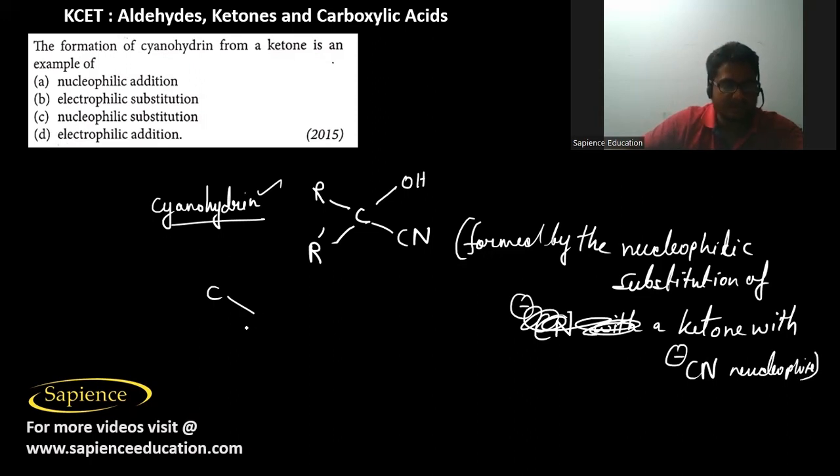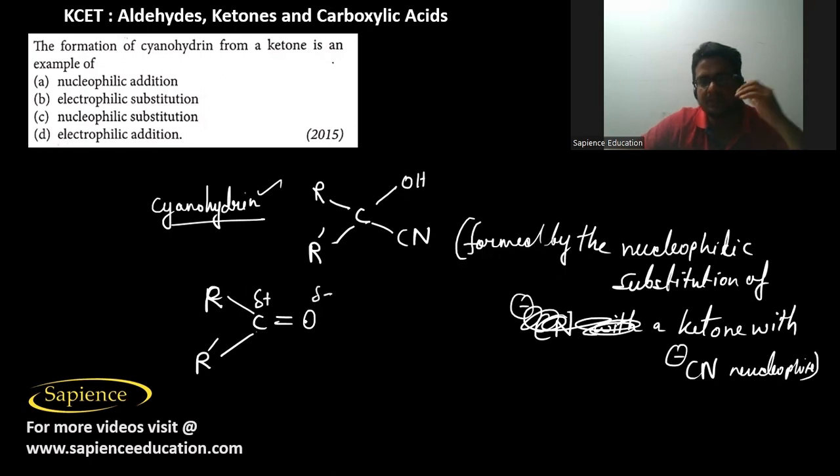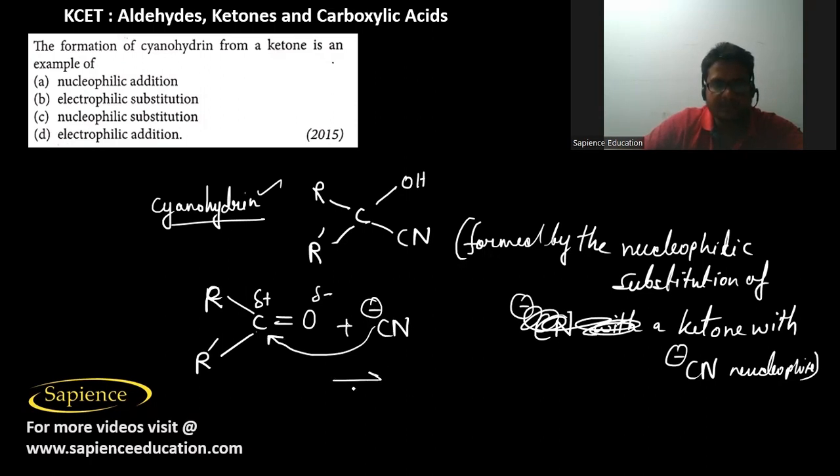So how will the reaction be here? Here we have the ketone with two alkyl groups. On the carbon we have a partial positive charge, and on the oxygen a partial negative charge, since oxygen is more electronegative than carbon. Then the cyanide nucleophile will attack this carbon. It will be a reversible reaction, and a transition state will be formed.